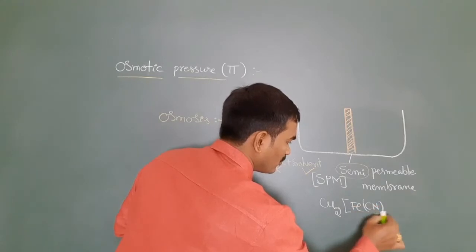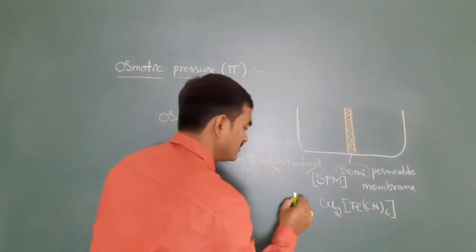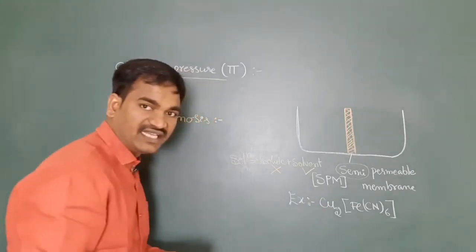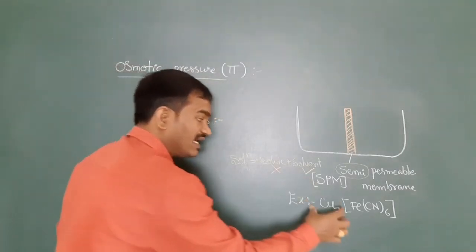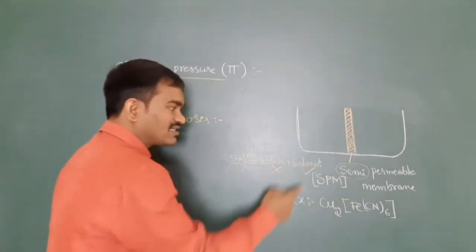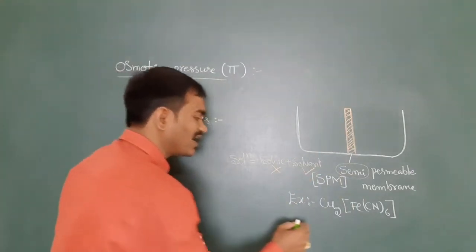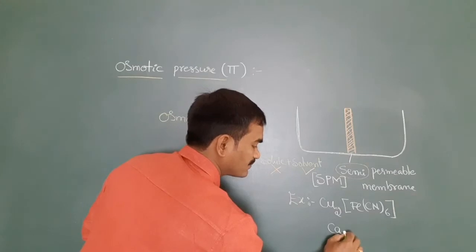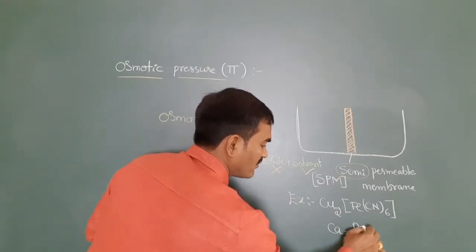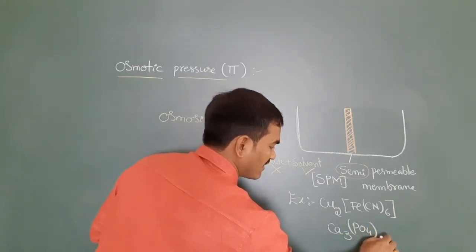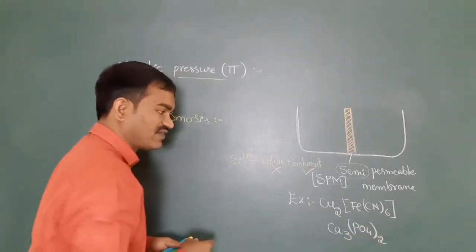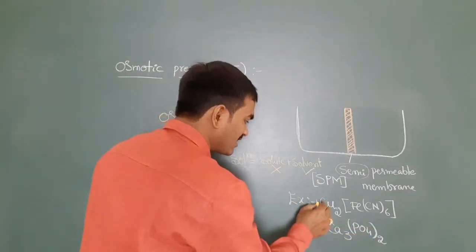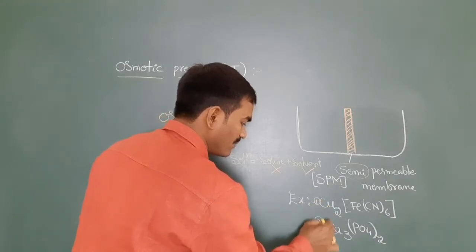This is one of the important examples of an inorganic semi-permeable membrane. One more inorganic semi-permeable membrane we can take is Ca3(PO4)2, calcium phosphate. These two are inorganic semi-permeable membranes.